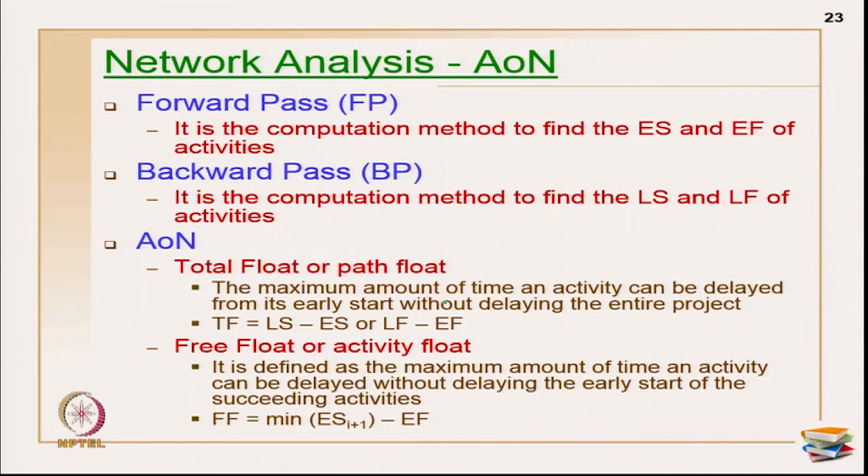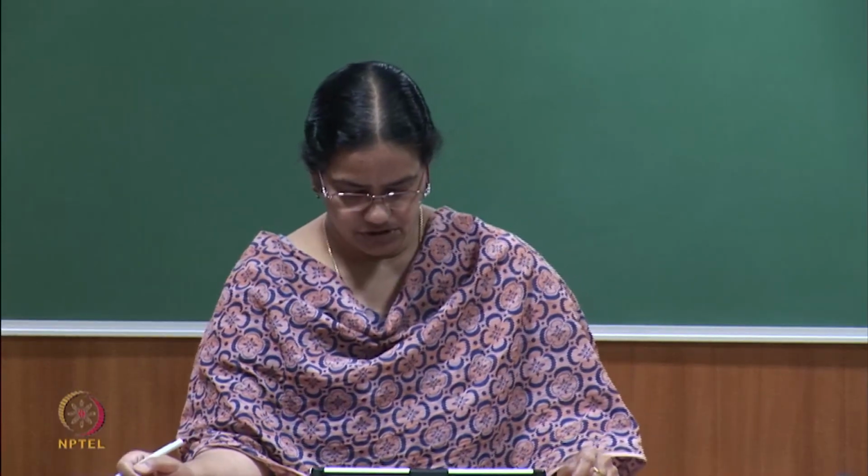Okay. Total float is the maximum amount of time an activity can be delayed from its early start without delaying the entire project. Okay. So, this actually talks about one stretch of activities or one particular path. How much buffer or delay an activity can have without delaying that particular path, and without delaying the entire project duration.